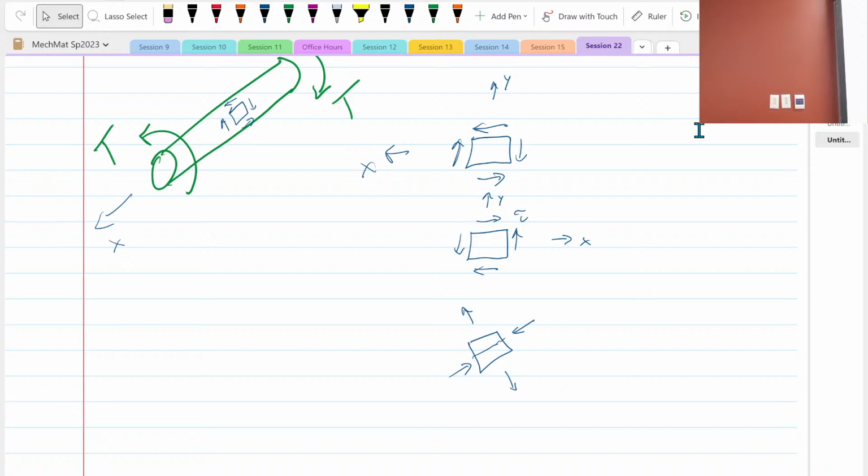So let's just look at this for a second. There are two areas. You see that the transverse shear stress is getting smaller. I don't know if you can tell, the vectors are actually getting smaller as we get away from the neutral axis.